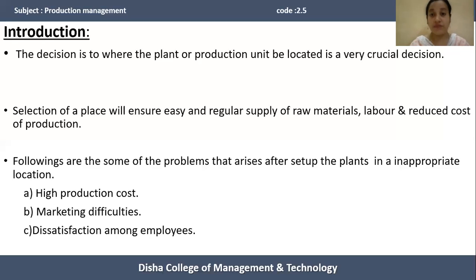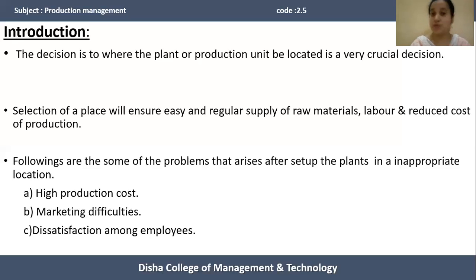And if the industry is located in a place where labor is not available, the industrialist has to import various laborers from outside. If the labor is imported from outside, generally they charge high labor cost, high wages. So that ultimately increases the labor cost.